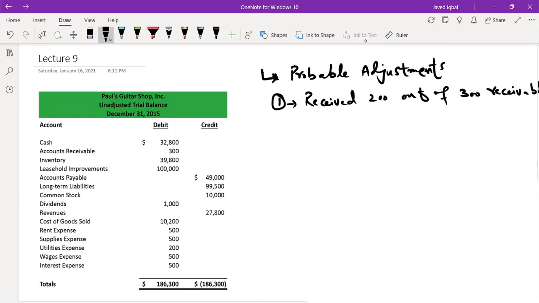Second is that account payable is overstated by, for example, 2000.